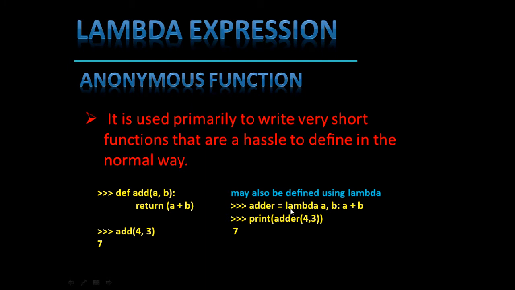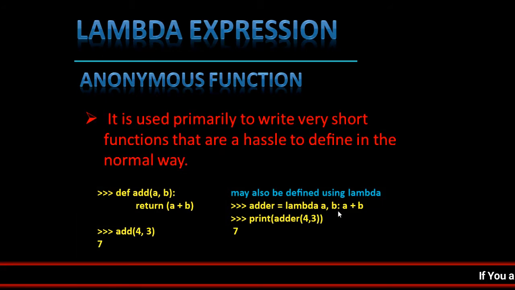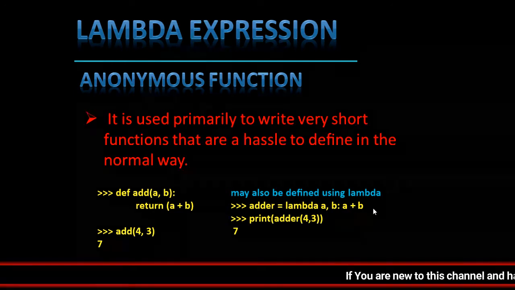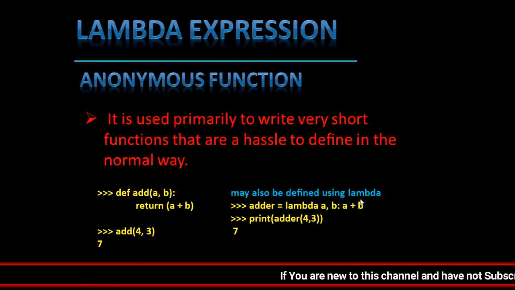Lambda is a predefined identifier, and when you call lambda, you have to pass the number of arguments you want, and after that you have to add a colon. After the colon you use the calculation which you want to return.